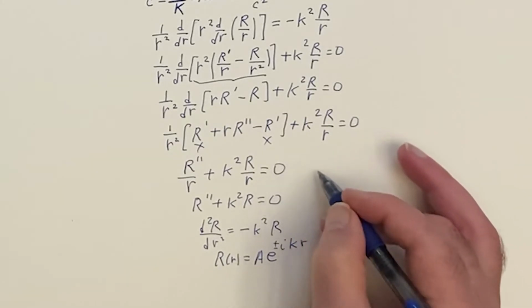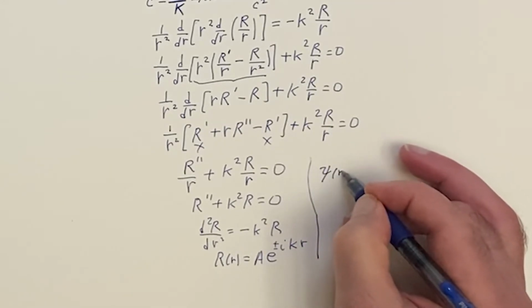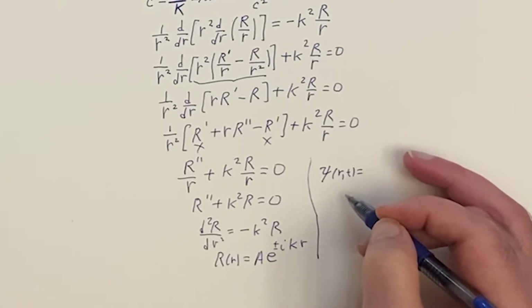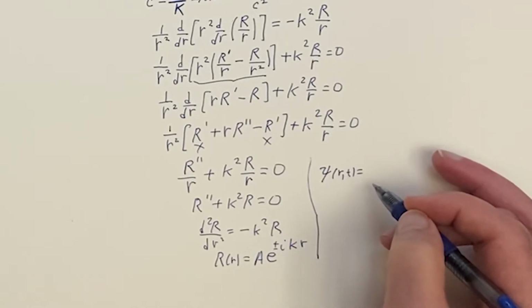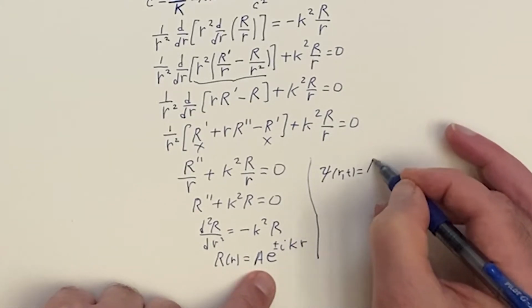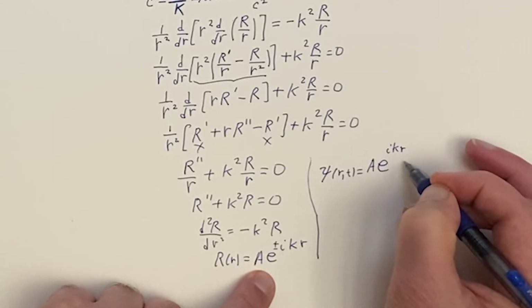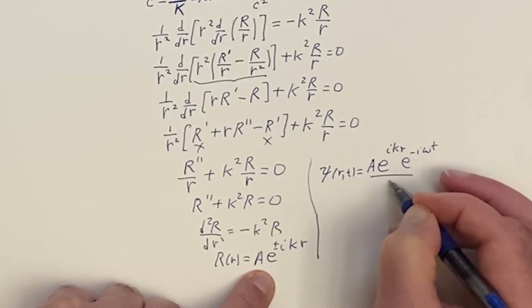And then if we look at all of this, our solution is going to be, we'll say here, we could have the A e to the i k r, e to the minus i omega t will be in there, and we'll be dividing by r.